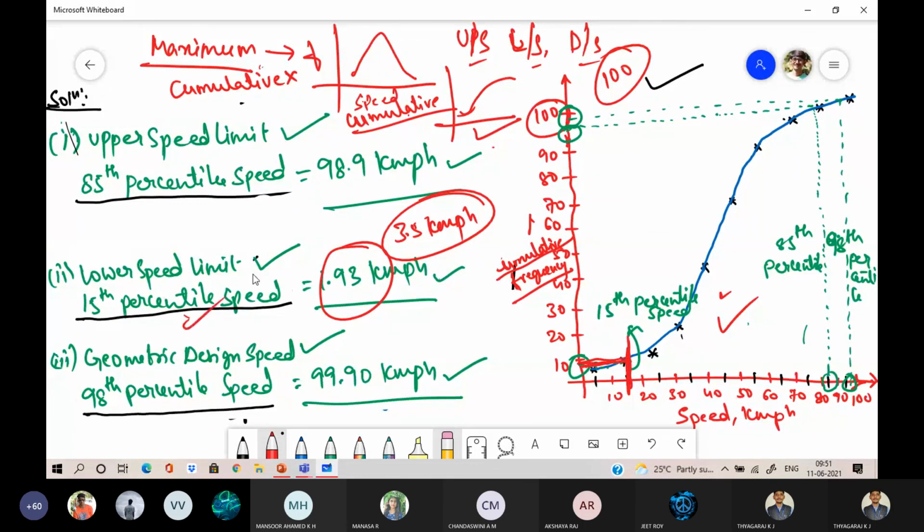You will get the 15th percentile speed and 85th percentile speed and 98th. So when you plot the values to the scale in the graph, we can easily get the values. But since I have not plotted the graph to scale, I am not getting the values. I could have got the perfect value had I plotted it to scale.